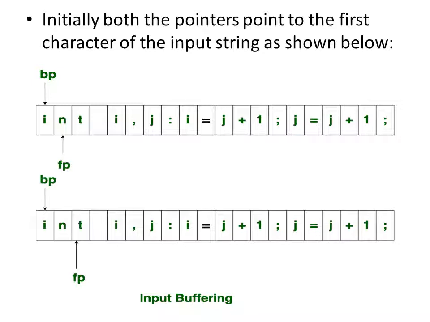And in the second diagram, the back pointer still represents the first character of int, and the forward pointer moves to the third character, which is t. Like that it moves.